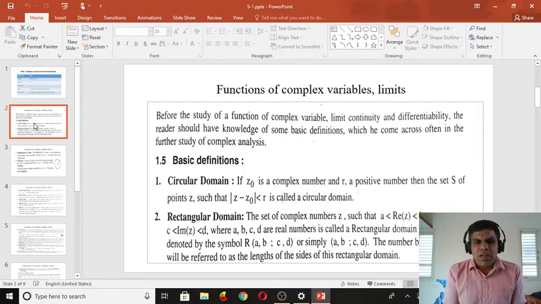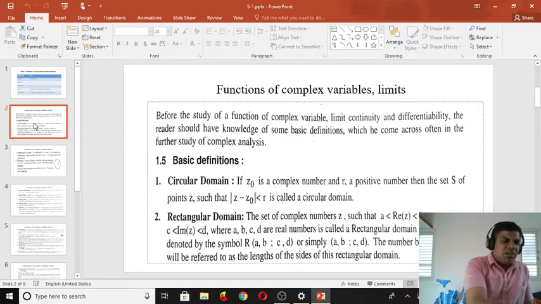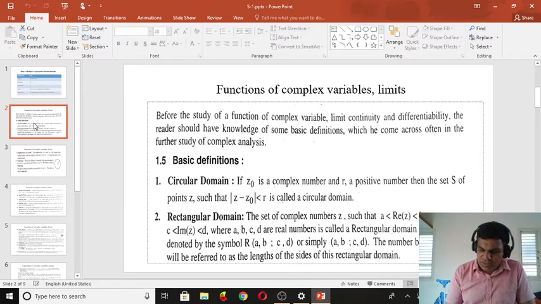First, the circular domain. If z0 is a complex number and r is a positive number, then the set S of points z such that mod z minus z0 is less than r is called a circular domain. I already explained this. If you take a unit circle, z naught is any point in z.